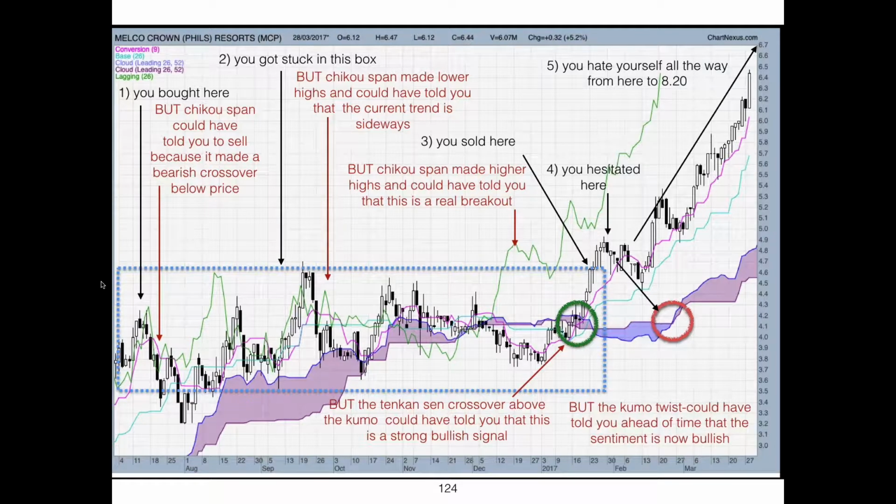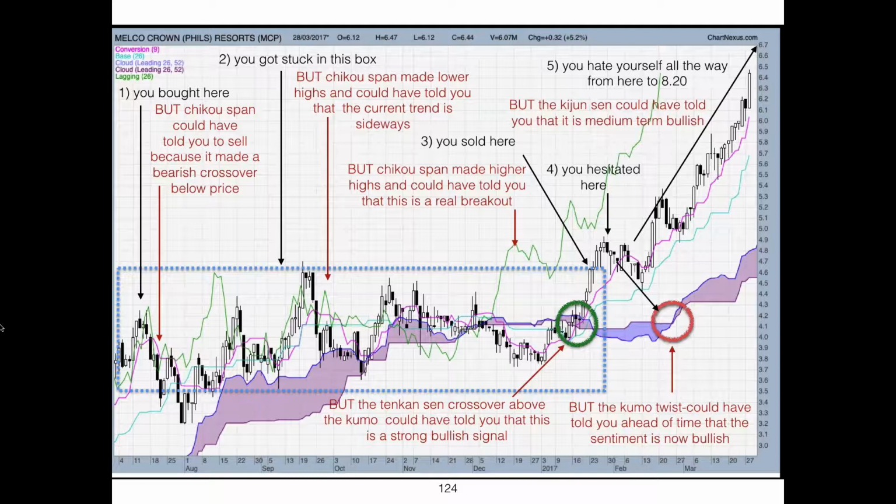In number 4, you hesitated, but the Kumo twist could have told you ahead of time that the sentiment is now bullish. This Kumo told you that the bullish hidden divergence was stronger than the bearish divergence that you saw in the previous chart. So there's no conflict here. There's a clear twist in the Kumo.